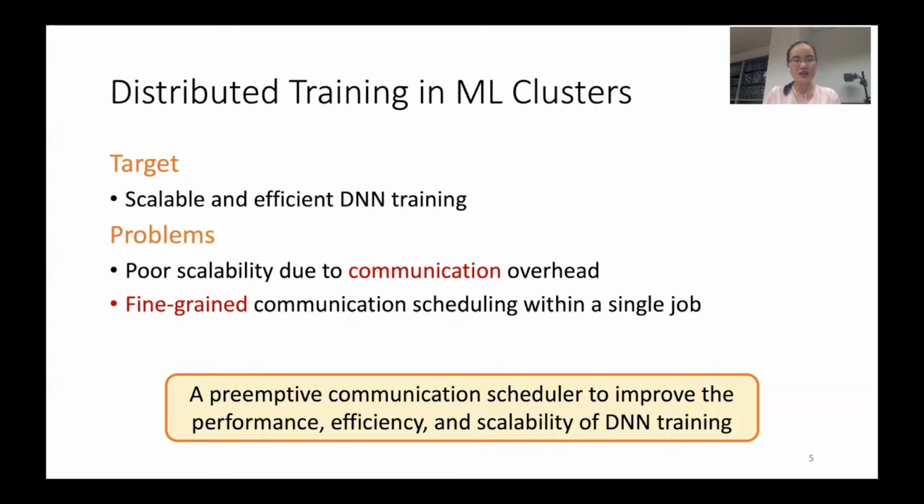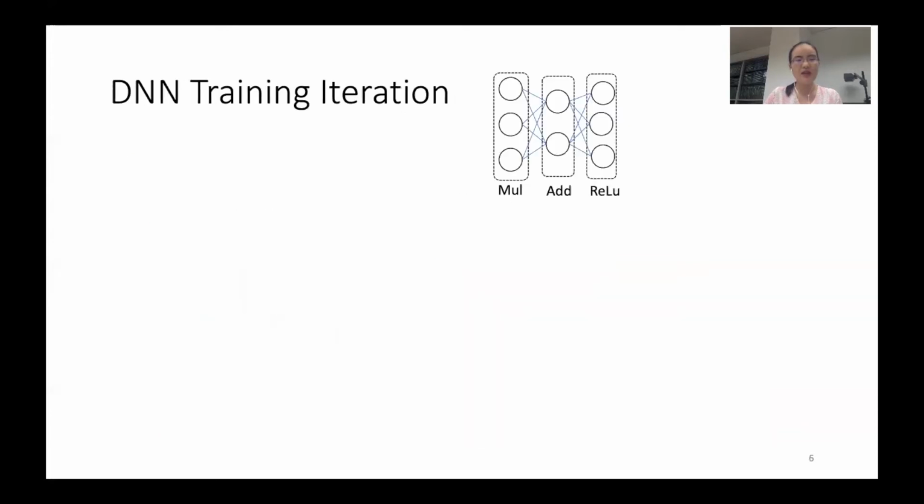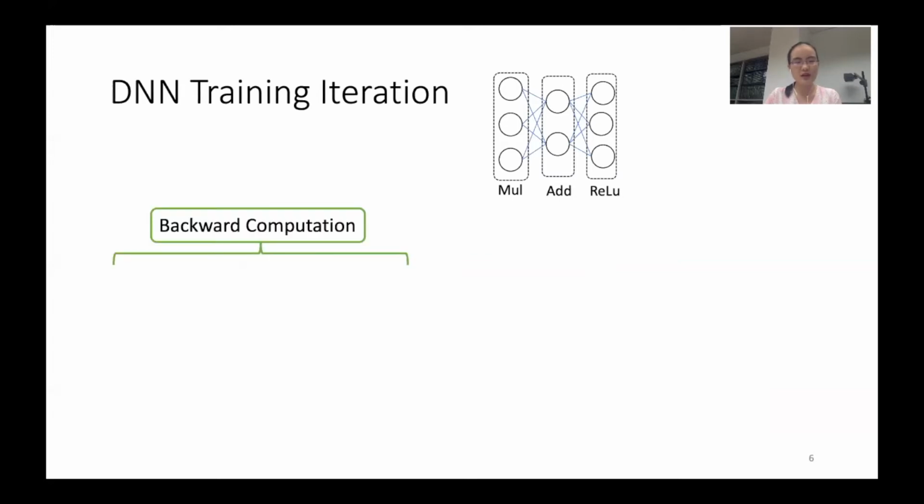To investigate the fine-grained communication scheduling, we need to know what happens within one single job on one worker first. Let's see an example of such a DNN with a layer-by-layer structure. Within one training iteration, we do the backward computation first.